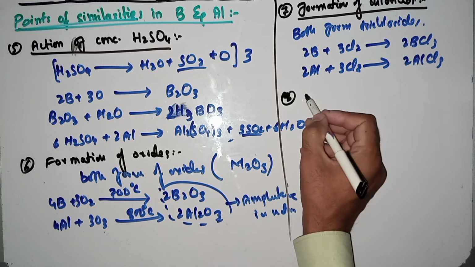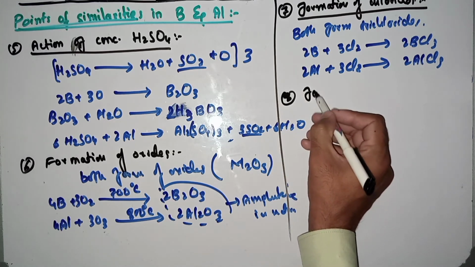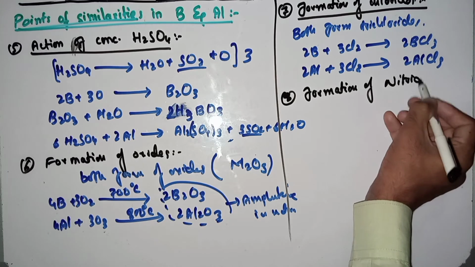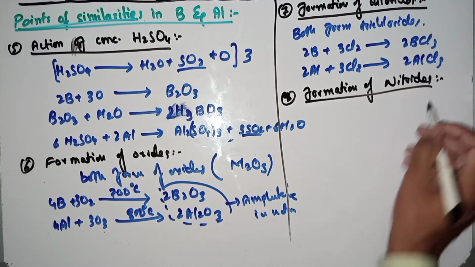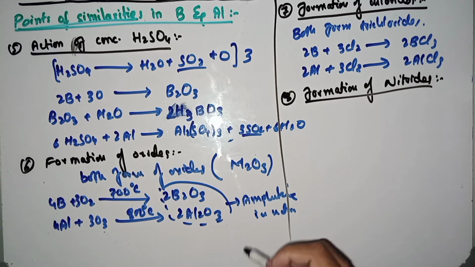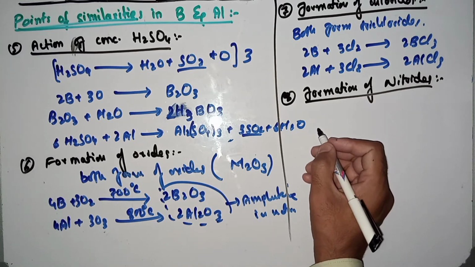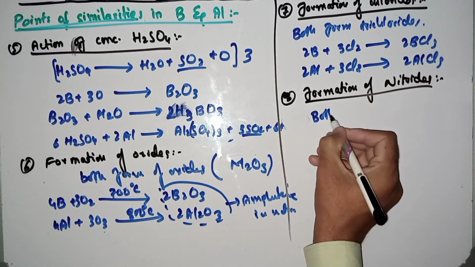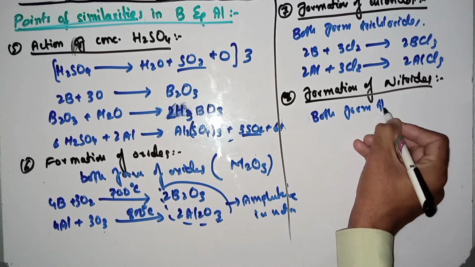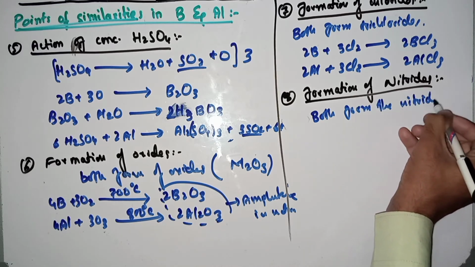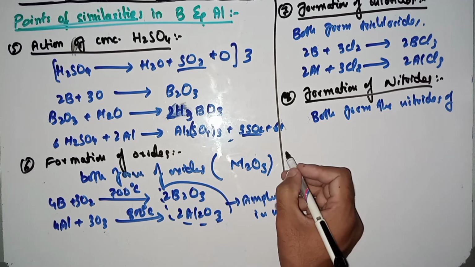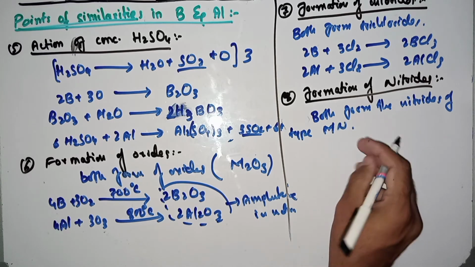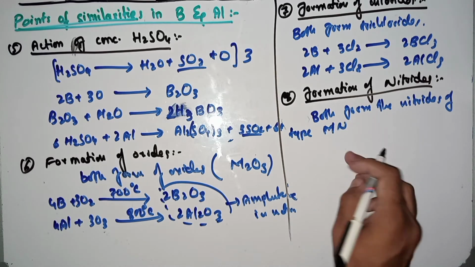Similarly, in case of formation of nitrides, both form nitrides of the type MN when heated with atmospheric nitrogen or ammonia.